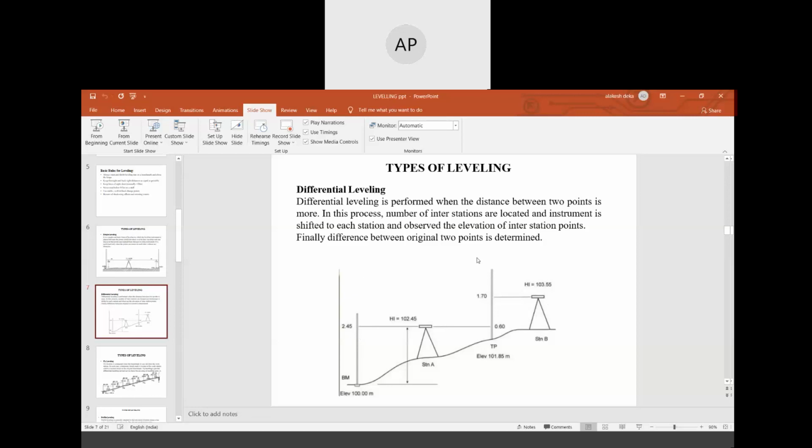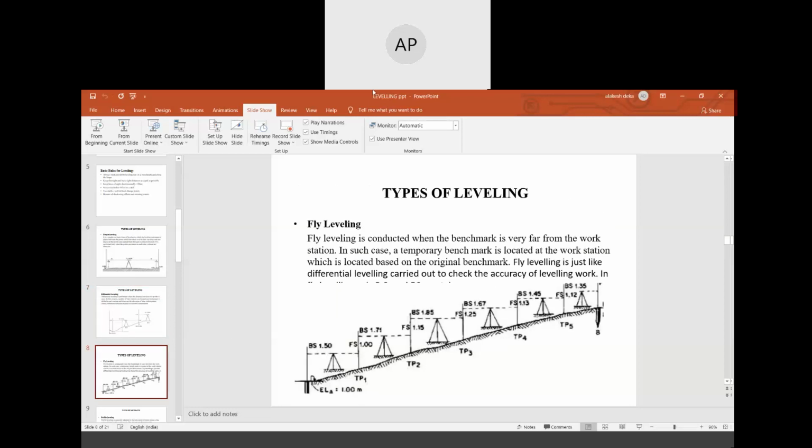Here you have to shift the instrument, that means you have to take intermediate stations. In this figure, first the instrument is set up at station A. Then you take both the backsight and foresight readings. After that the instrument is shifted, you again take the foresight reading and find the elevations. So that is your differential leveling.